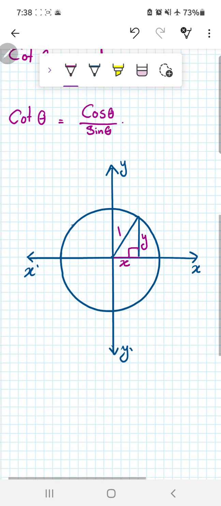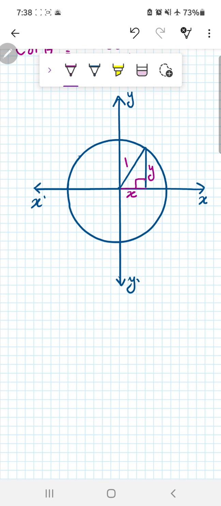From the Pythagoras theorem we studied last term, we have x power 2 plus y power 2 equals 1 power 2, which is 1. So x power 2 plus y power 2 equals 1.